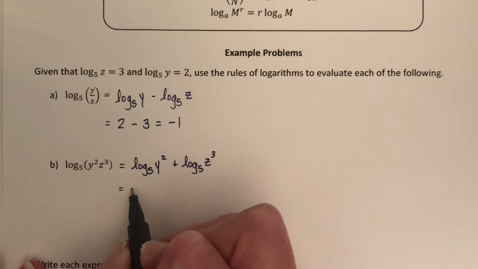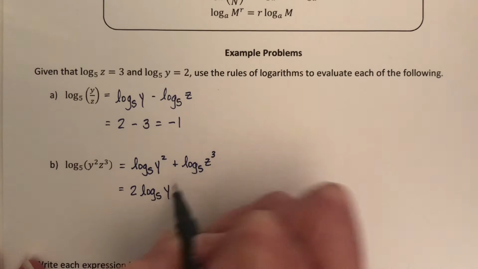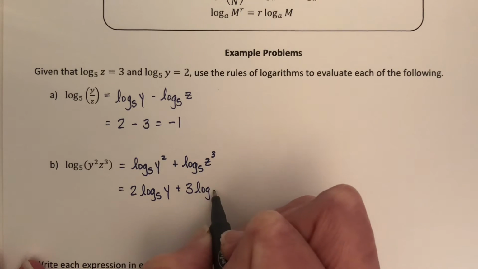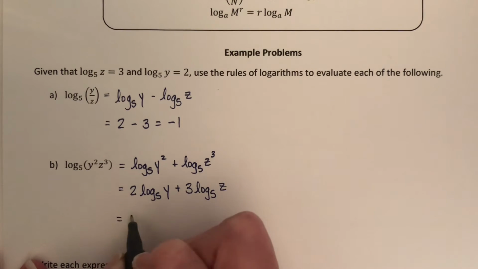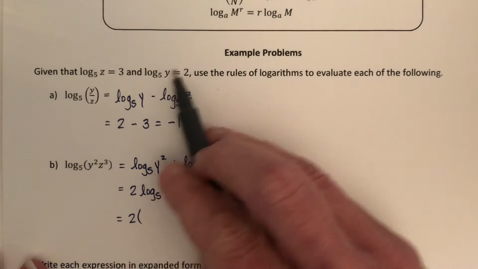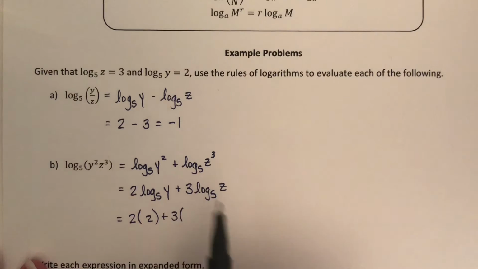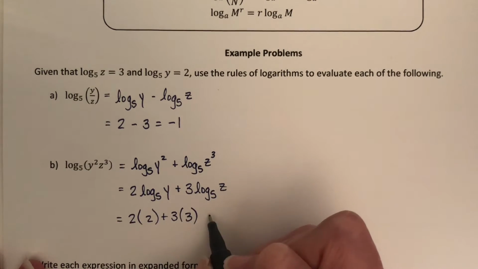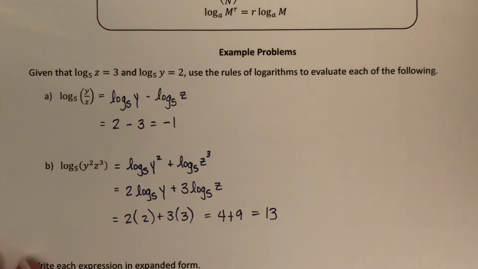So this will become 2 times log base 5 of y plus 3 times log base 5 of z. And now we can make our substitutions. This will be 2 times log base 5, y is 2, plus 3 times 3. So that's 4 plus 9, which is 13.